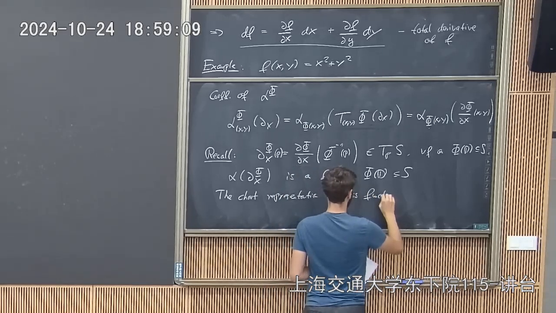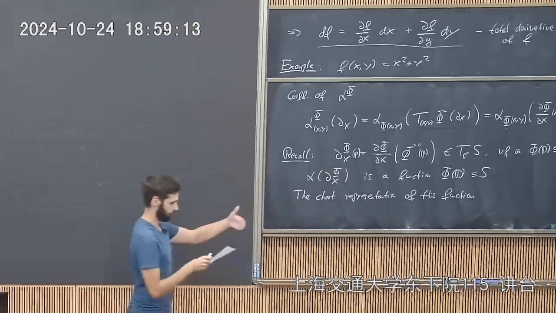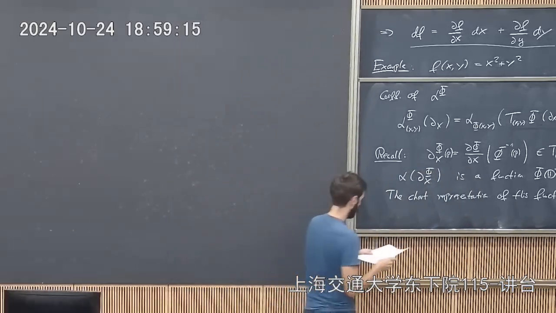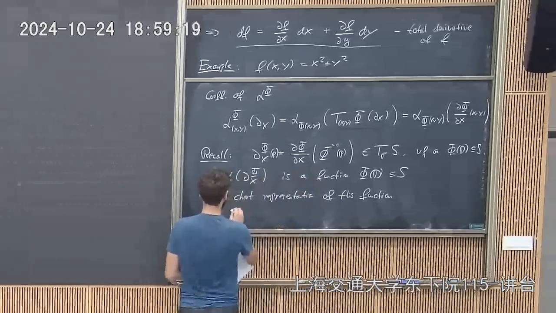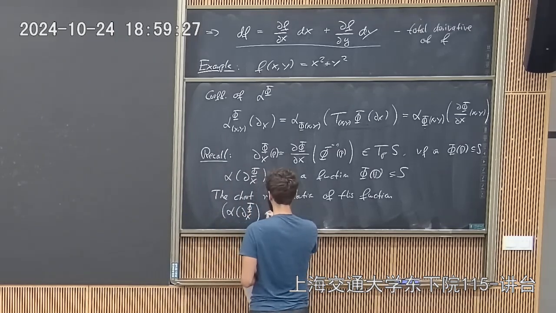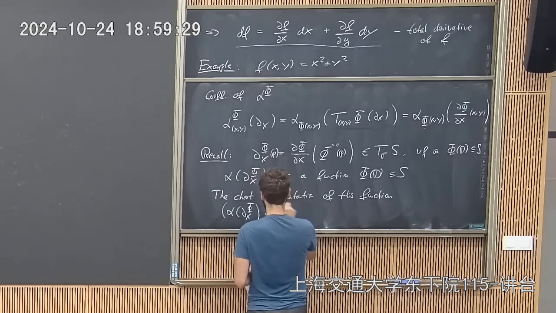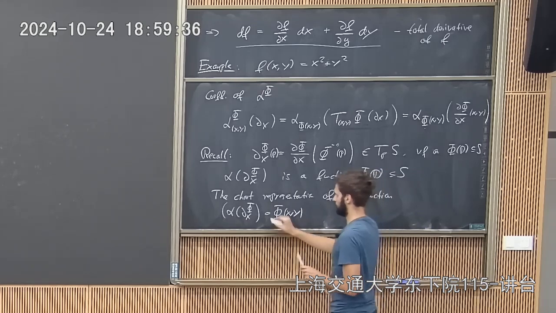This function is just pre-composing with phi. So what we have is alpha, and then we want to pre-compose that with phi of x and y to get a function of x and y. So let's calculate this in more detail.